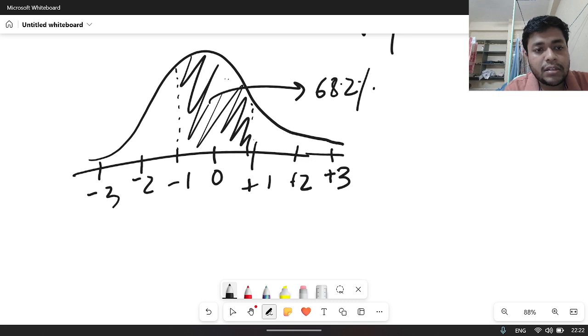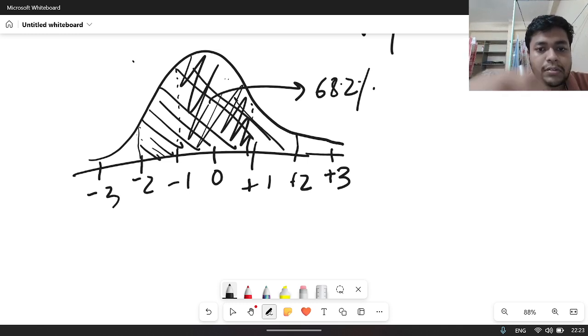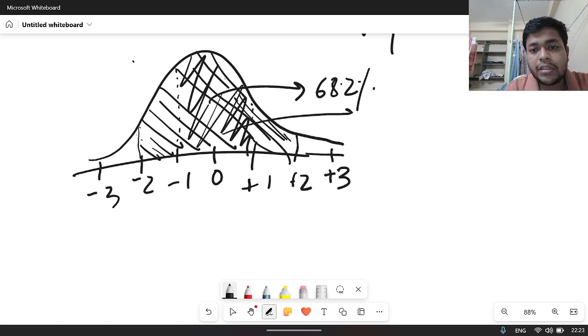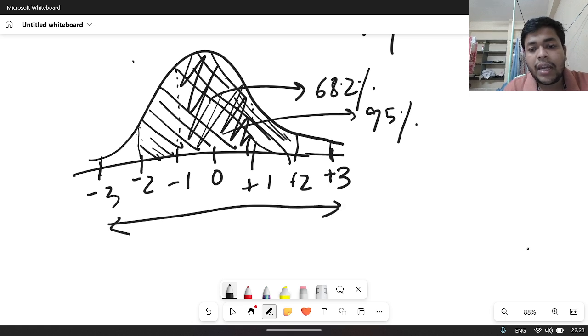This region, -2 to +2, will have your 95% data, and similarly -3 to +3 will have your 99.7% data.